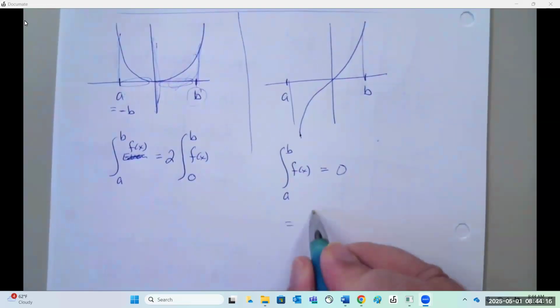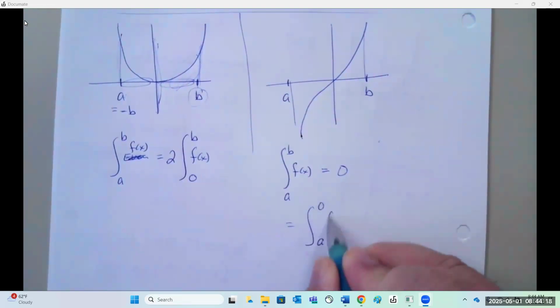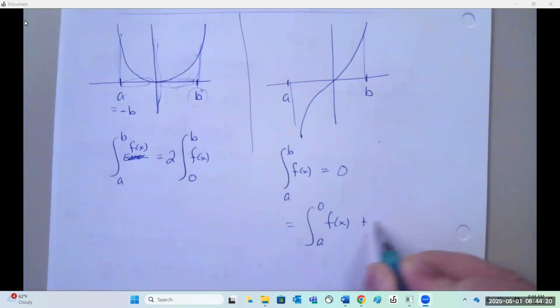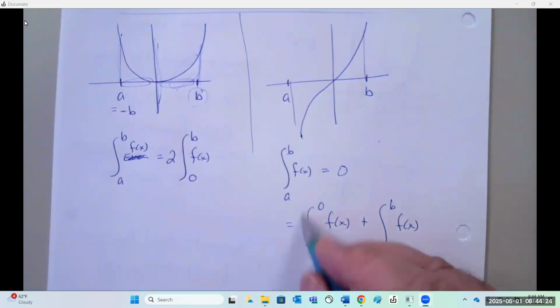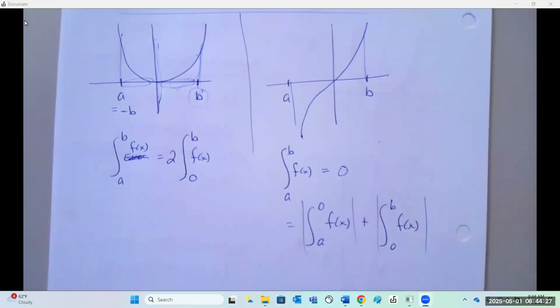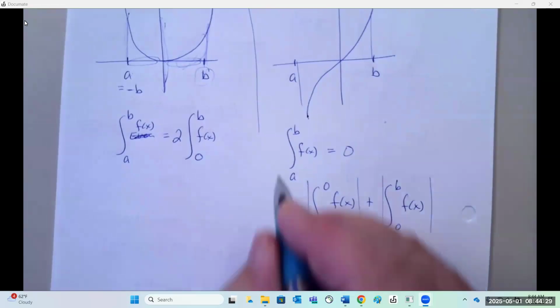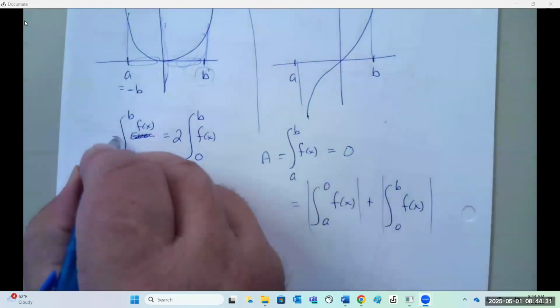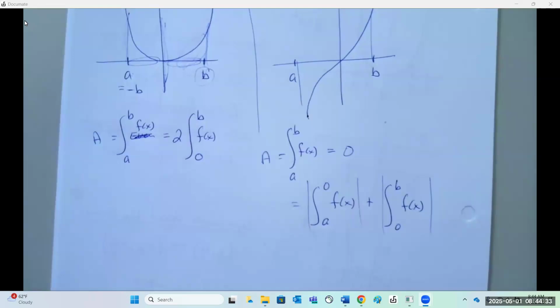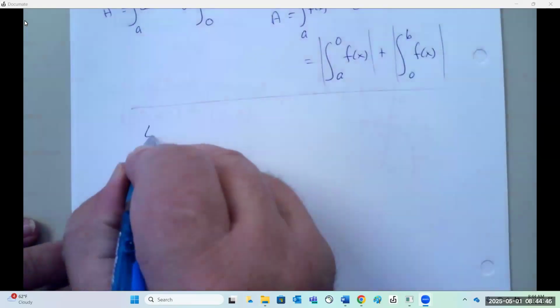So what we have to do there is change the bounds of integration and take the absolute value of both of those values to find the area. Okay, so what does all that stuff mean? Let's look at an example.